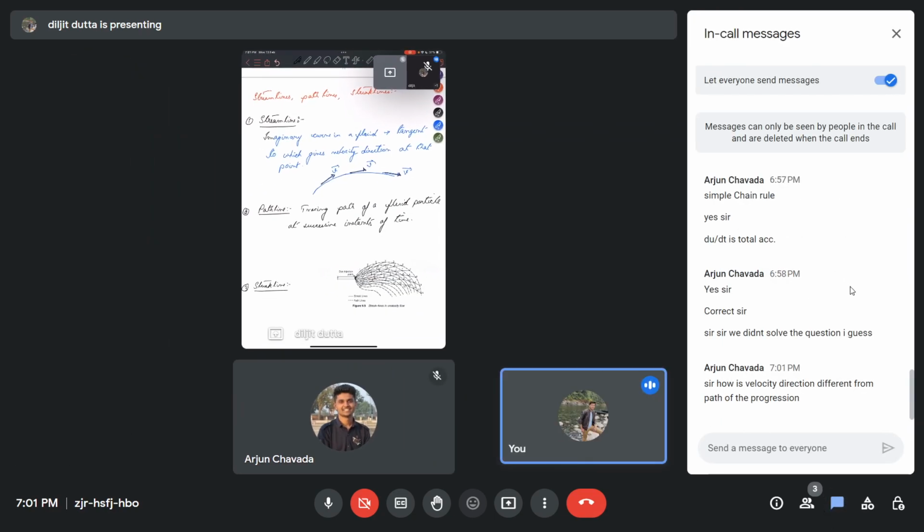Okay. So how is velocity direction different from the path of progression? The thing is that when we are taking the velocity direction, we are taking the fluid as a whole. Suppose it is flowing through this kind of pipe, the streamlines will be like this. It's not considering only one particle.